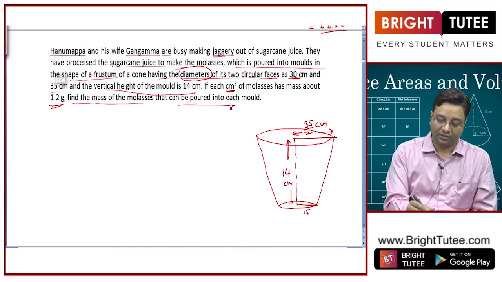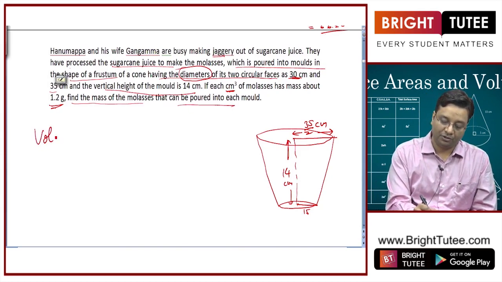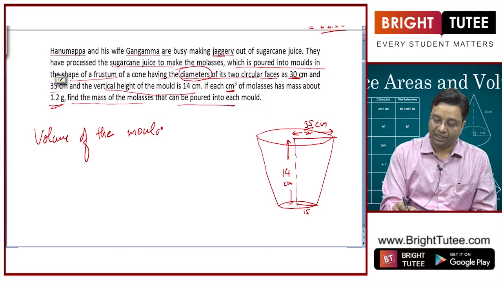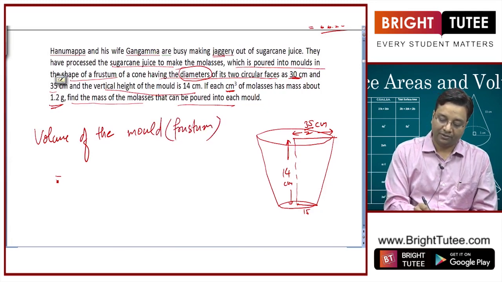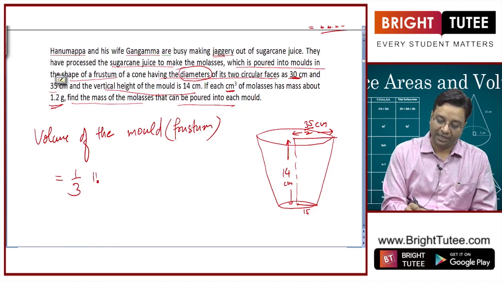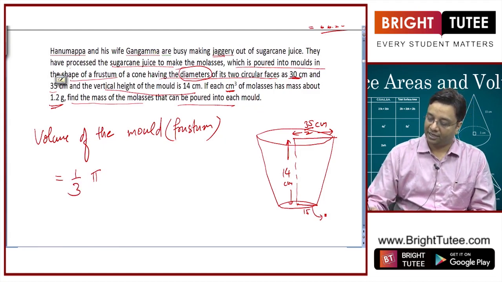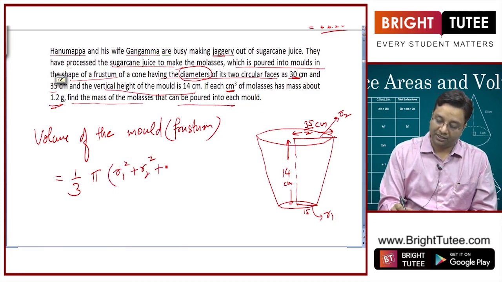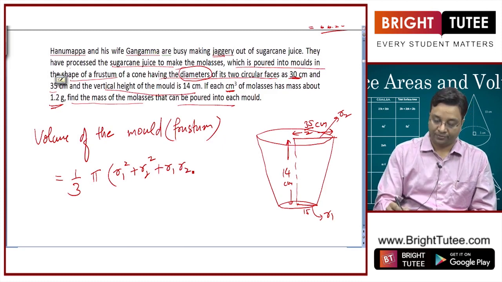To find the volume, I will just apply the formula, volume of the mold, which is frustum, will be equal to 1 by 3 pi. Let us say this is R1, this radius is R2, R1 square plus R2 square plus R1 into R2.